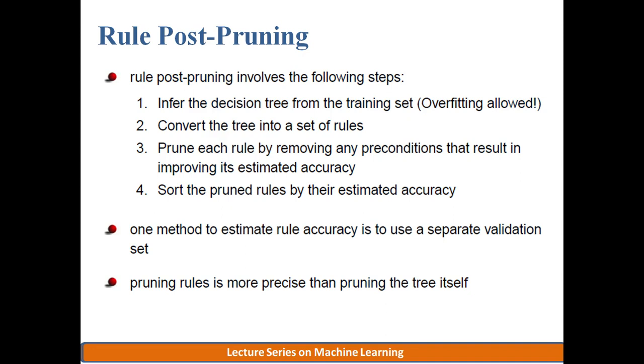In rule post pruning, one rule is generated for each leaf node in the tree. Each attribute test along the path from the root to the leaf becomes a rule antecedent, that is a precondition, and the classification at the leaf node becomes the rule consequent.